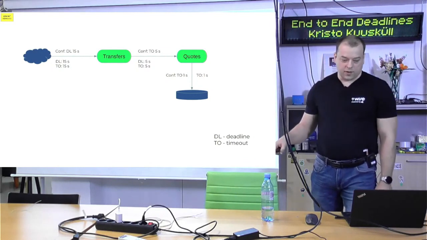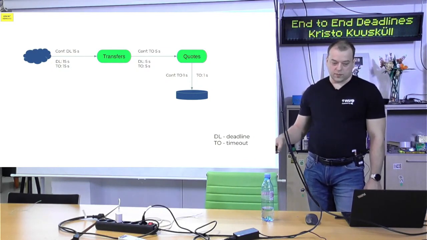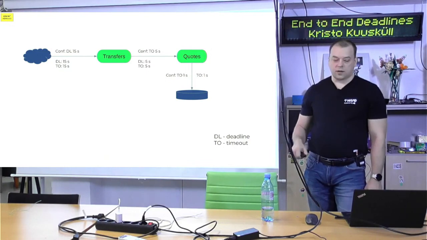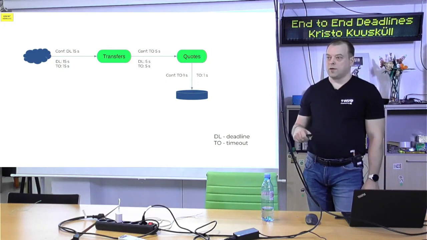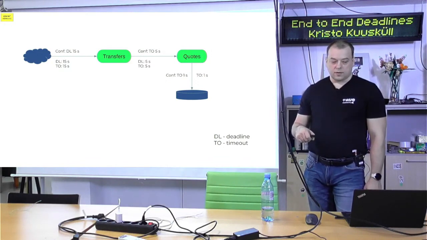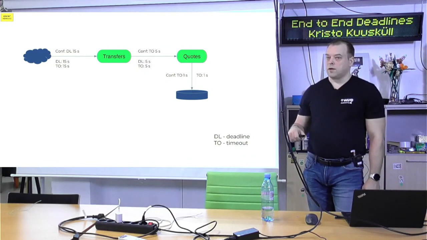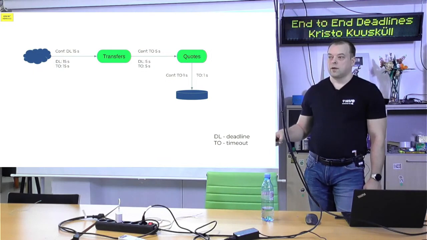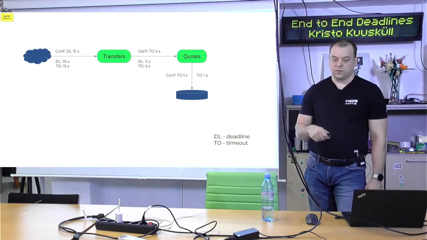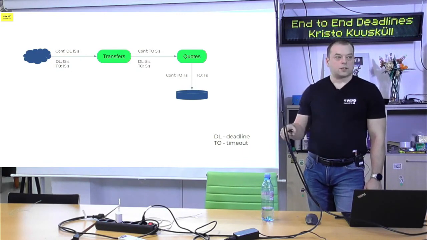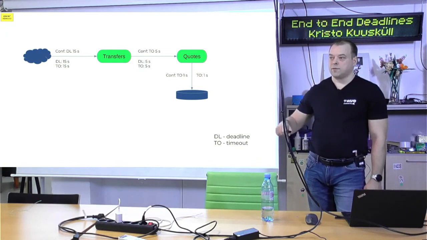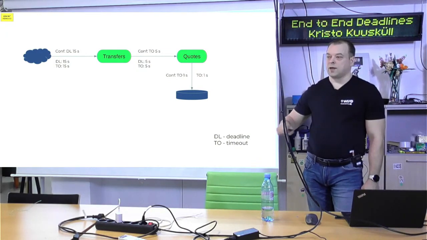Here, when transfer is calling codes, and this link has a configured 5-second timeout, even when the end-to-end deadline is 15 seconds, everything happening on the transfer side beyond 5 seconds becomes useless work, because after 5 seconds the transfer service will give a timeout error. So from that point on, we actually want this end-to-end deadline to be 5 seconds. Everything behind transfer now gets a 5-second deadline.